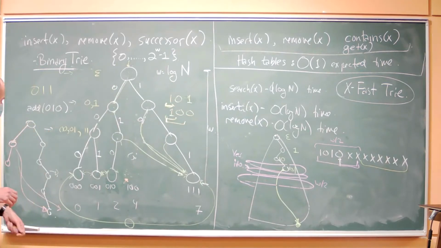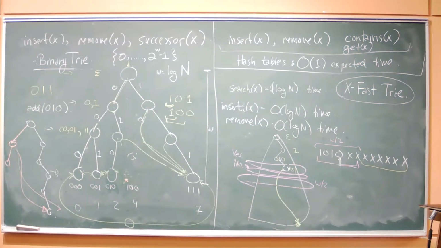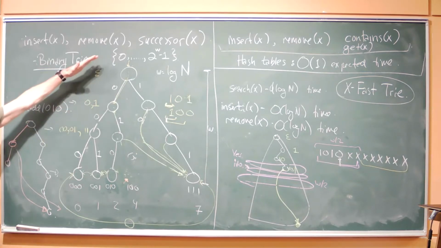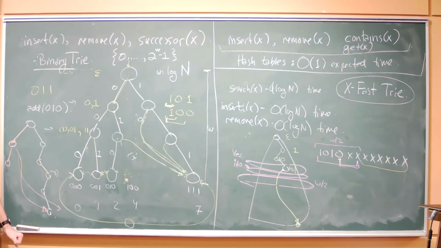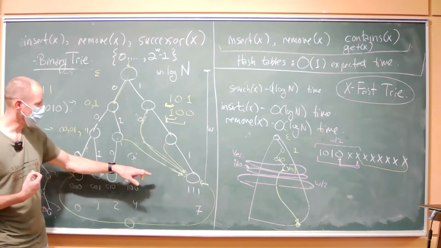Space complexity doesn't really increase asymptotically, because what have we done here? We've still got the binary trie, and it has a leaf for every value that we store.